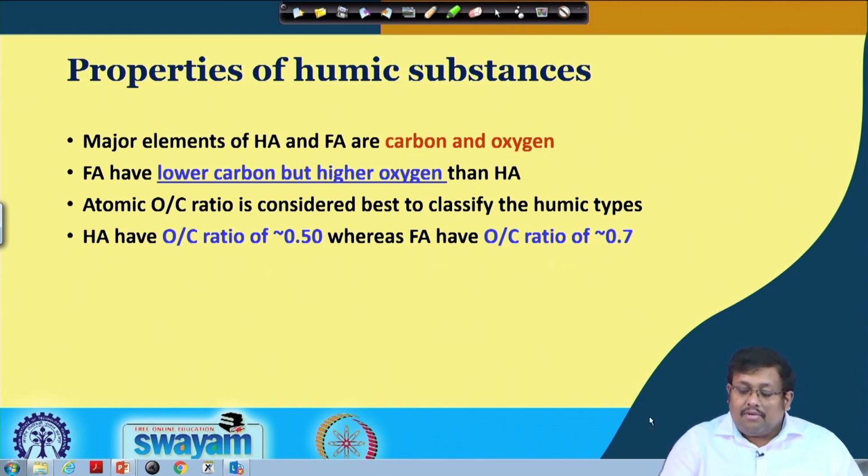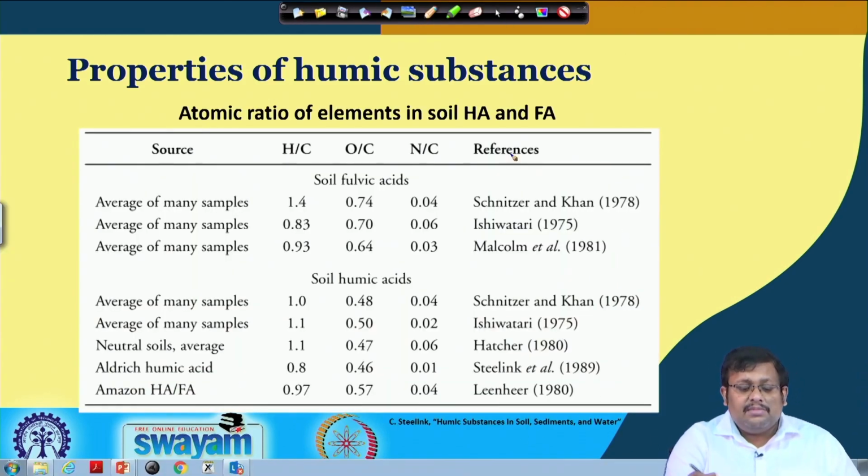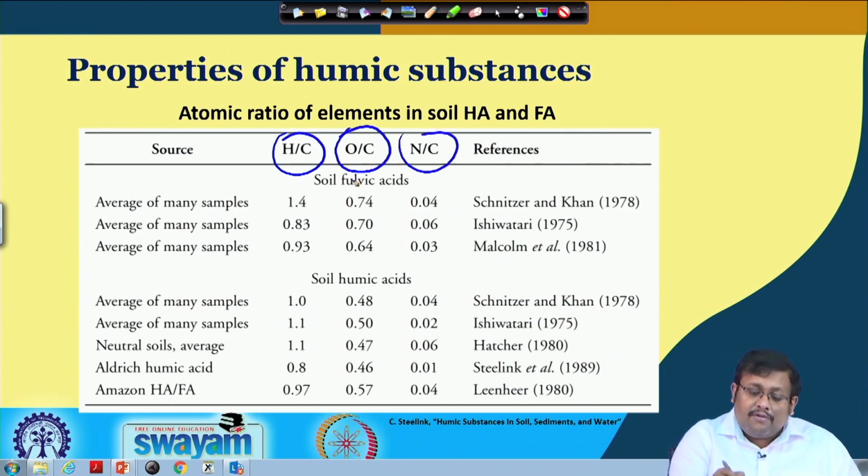So, let us see what the values are in detail. This table shows the atomic ratio of elements in soil humic acid and fulvic acid. There are three different types of atomic ratio: hydrogen carbon ratio, oxygen carbon ratio and nitrogen carbon ratio, and we are focusing more on the oxygen carbon ratio.